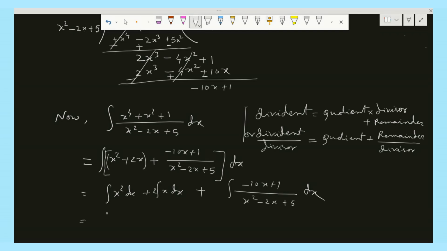Integrating this, x cube by 3 according to the formula plus 2 x square by 2. The formula is x to the power n plus 1 by n plus 1, plus let this be I1, which is to be determined, plus c, where c is the integrating constant.